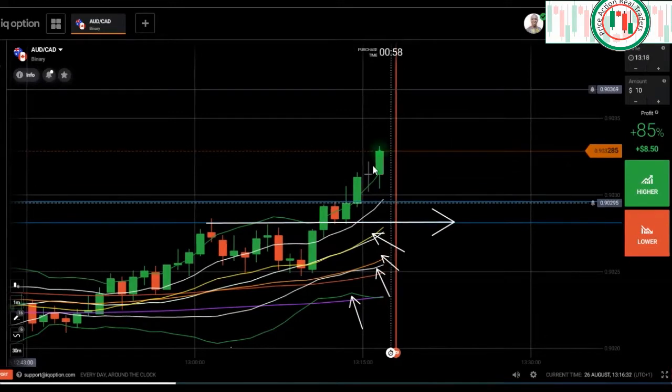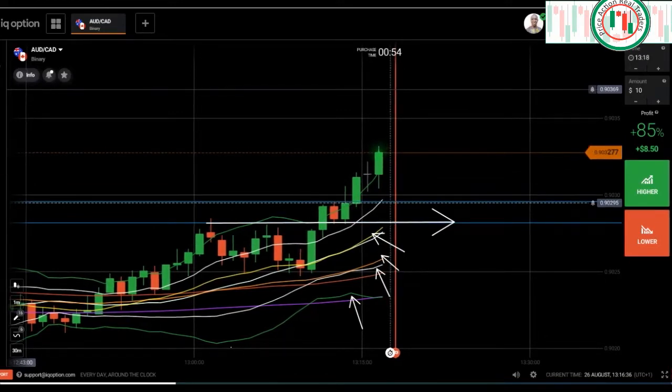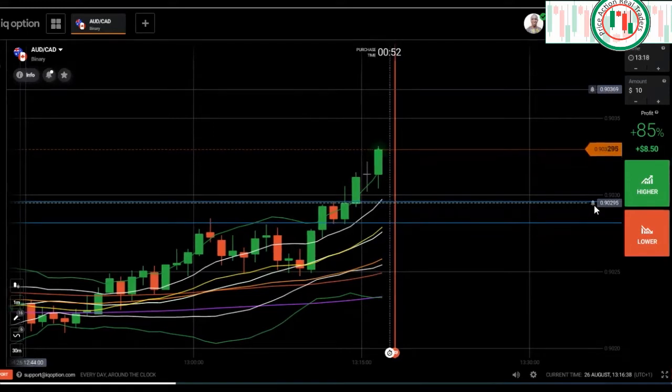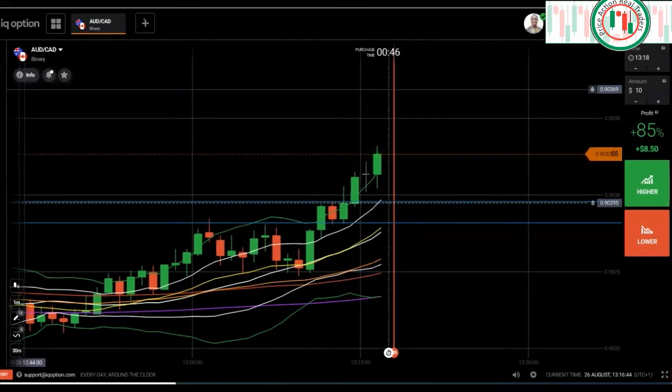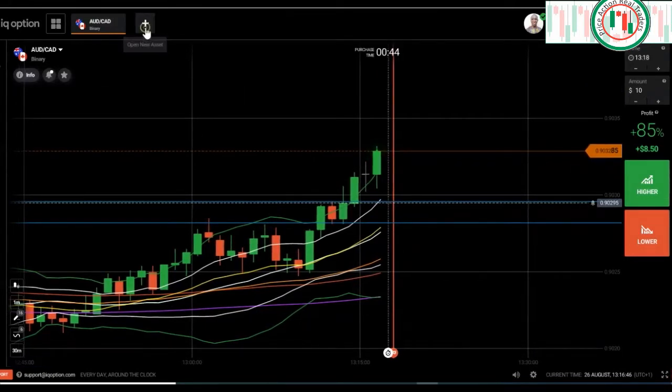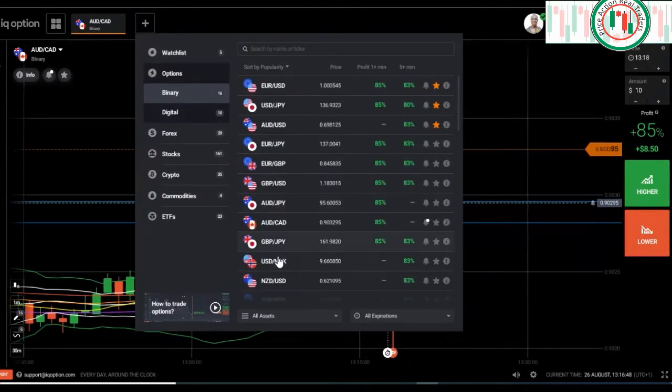So when market come and hit this zone, then I will place my trade. So that's why I put this alert. If market come back, I will know. So let me check another one.